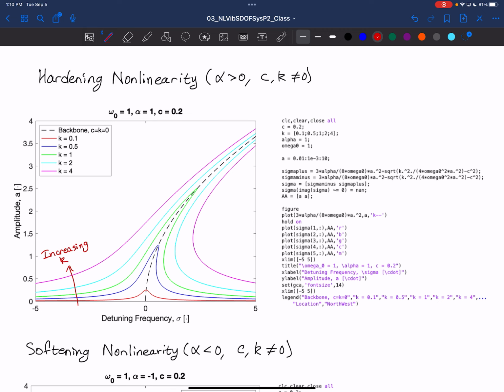And another thing that pops up is that if we draw a straight line through this, we'll find that there's a solution that exists right here, one that exists right here, and then one that exists up there as well. And so we end up with these 3 different solutions. So we might be forcing at one frequency and have the potential for multiple solutions to exist.